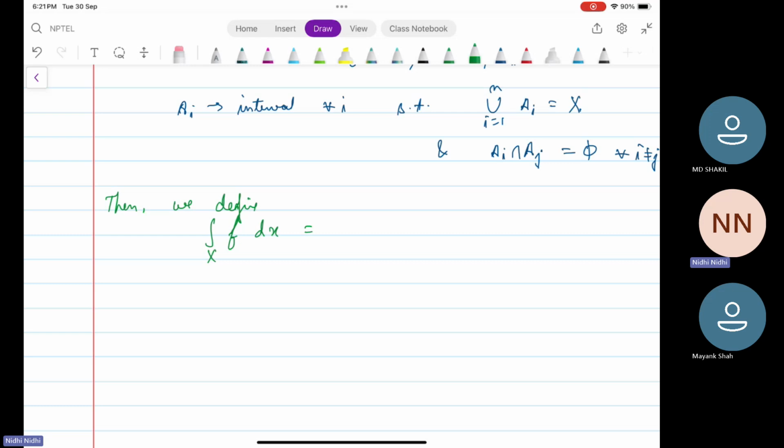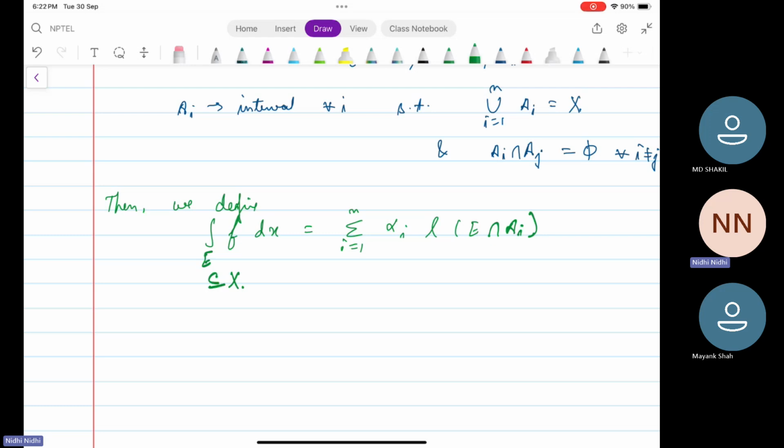This is equal to the summation i from 1 to n of alpha_i times the length of A_i. Now suppose we are integrating over some set E, which can be some subset of X; then it is the length of E intersection A_i. So this is how we define the integral over step functions, and then using these step functions we further define the integral of other measurable functions.